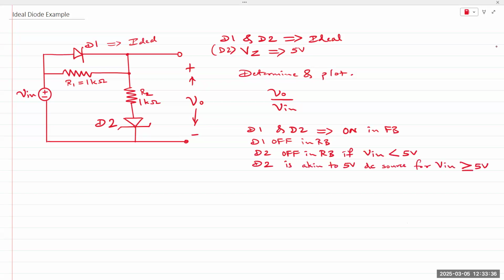But the key thing here is forward bias, it's a short circuit. Reverse bias, it'll be off until V in is greater than or equal to the VZ value. Yes.